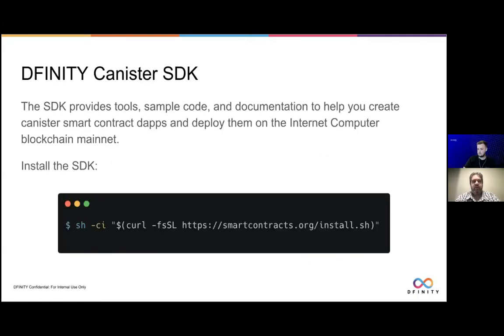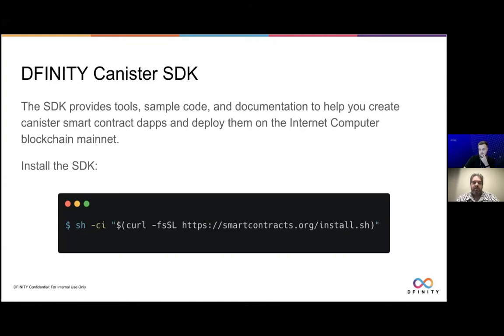And installing the SDK is very simple. This is an example again from, I use a MacBook, so this is what I run in my terminal when I want to install the SDK. And with this SDK, you get the tools that you need to both create a new Canister smart contract project.